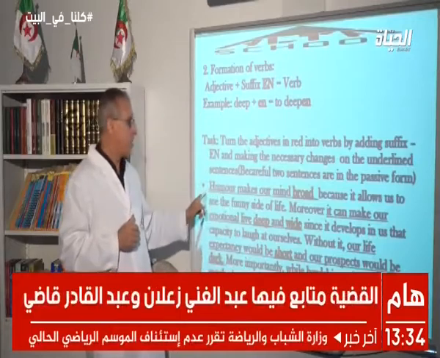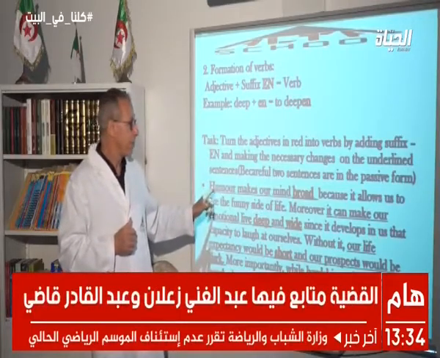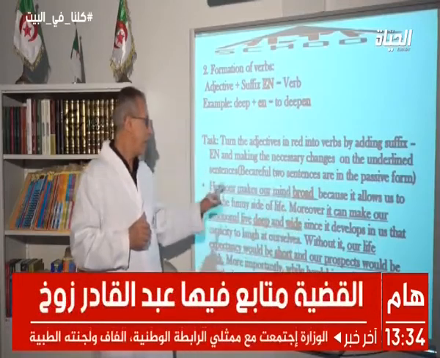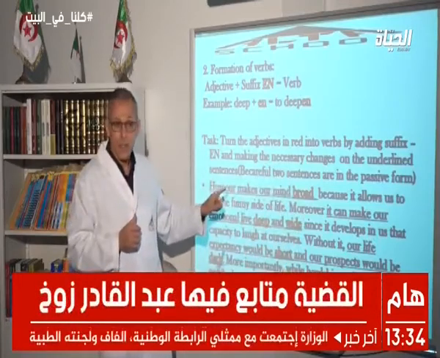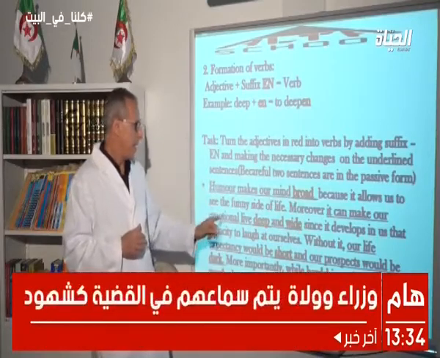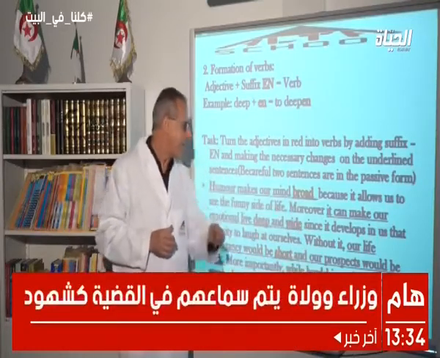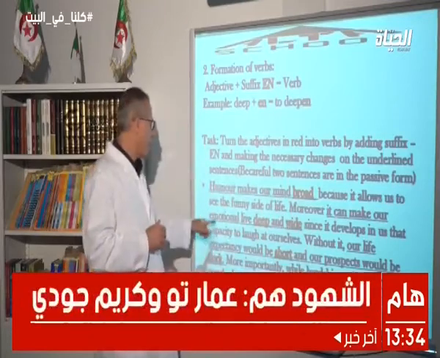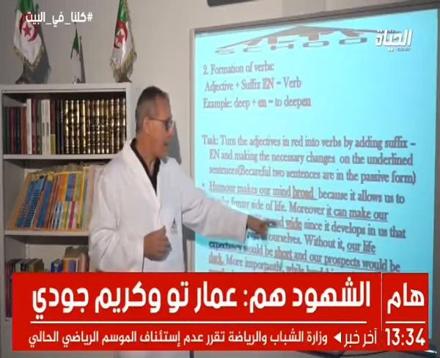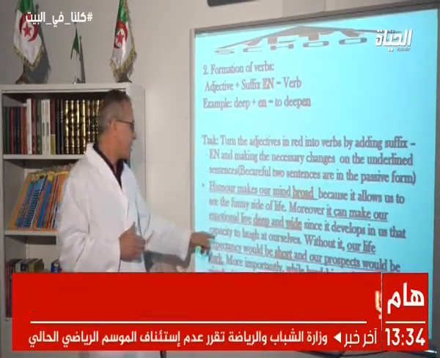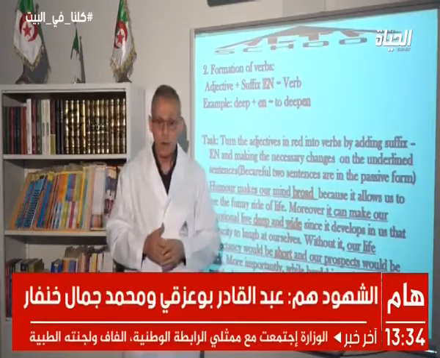So here you have to change this part of the sentence. You have to give the verb and make necessary changes at the level of the sentence. Moreover, sentence 2, we are still talking about humor, it can make our emotional life deep and wide, since it develops in us that capacity to laugh at ourselves.